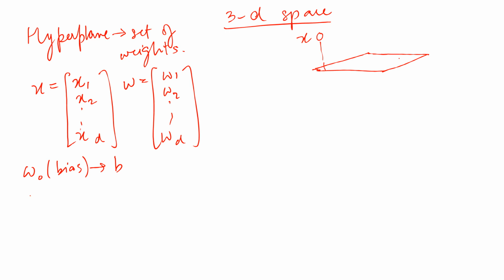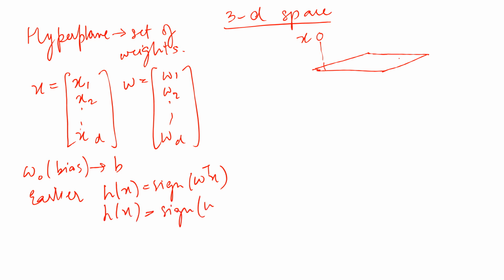Earlier, my h of x was the sign of W transpose x. The only thing that has changed now is that my h of x is going to be the sign of W transpose x plus b.